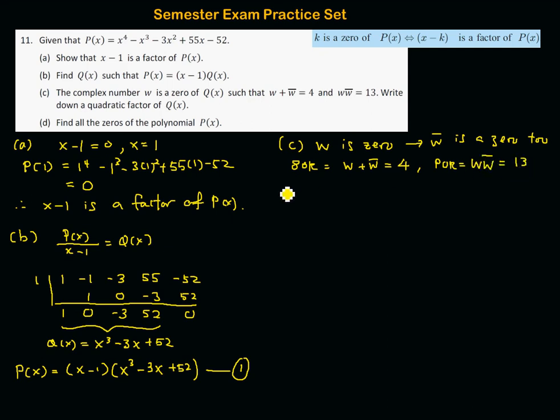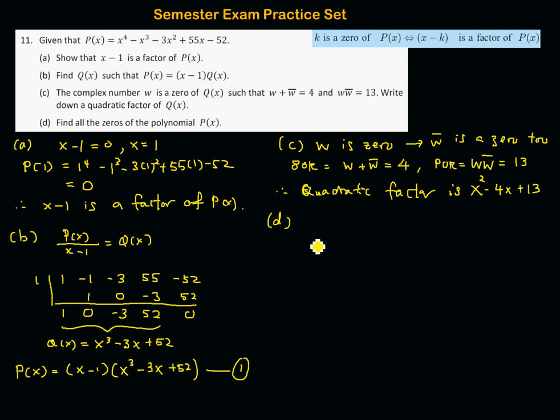And so a quadratic factor is therefore x squared minus 4x plus 13.